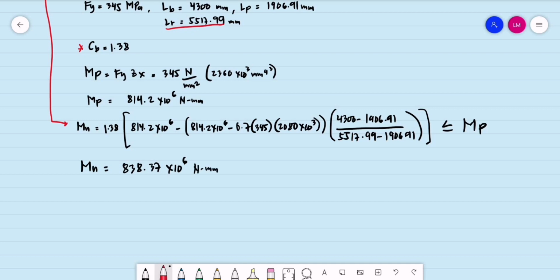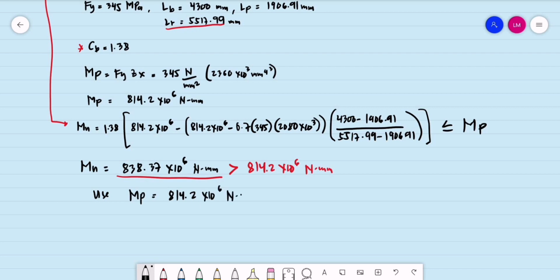But again, the limit of this value is, it should be less than or equal to M sub P. But this value is obviously greater than 814.2 times 10 raised to 6 Newton mm. So if our M sub n exceeds the value of M sub p, we are to use the value of M sub p, which is equal to 814.2 times 10 raised to 6 Newton mm.